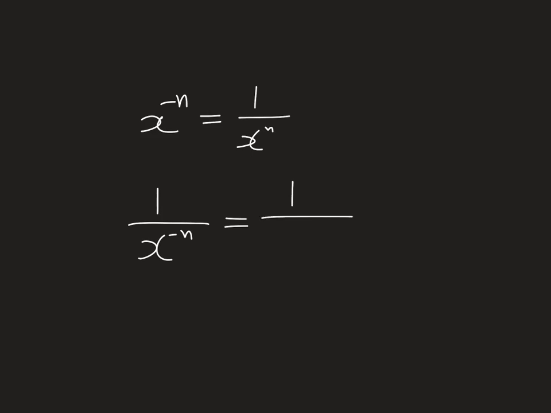Some hint here. x to power negative n equals 1 over x to power n. We call this concept reciprocal. If it is 1 over x to power negative n, this is not the same as the above one, but you can simplify this in this way.